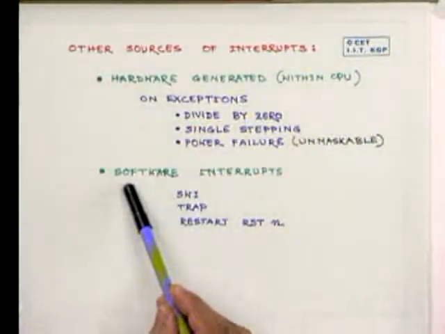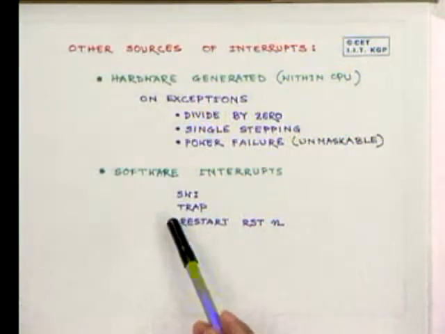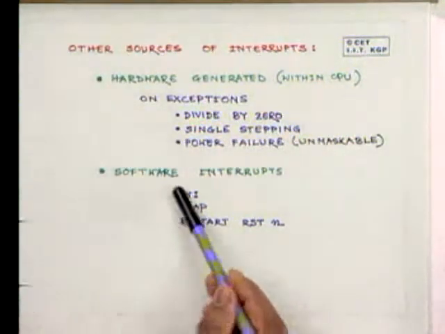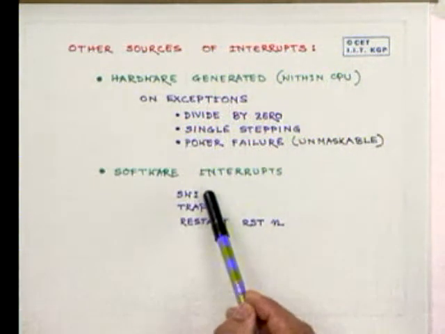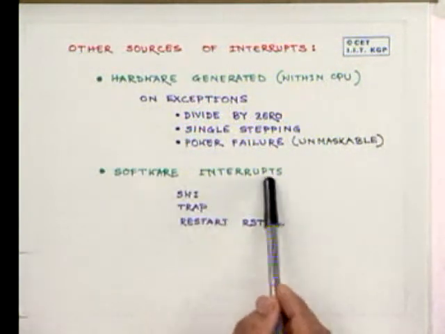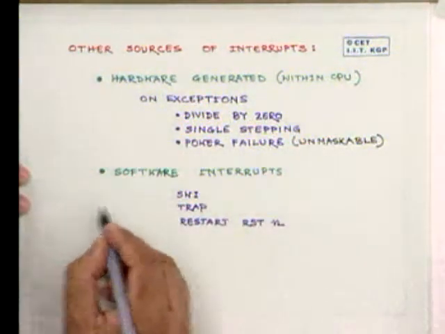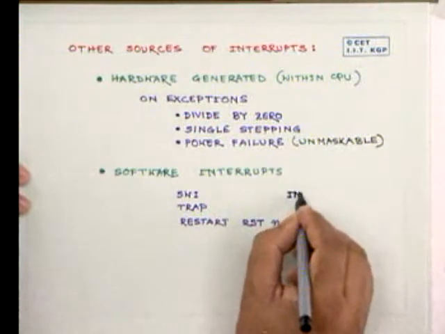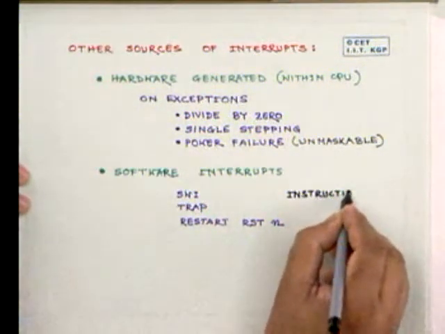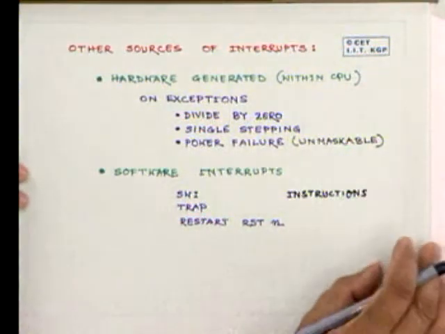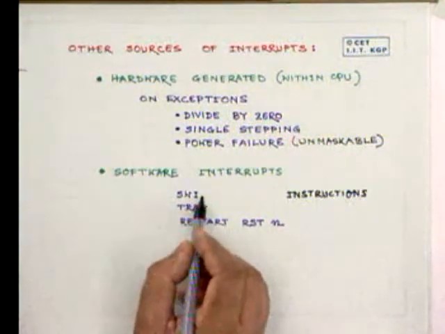There can be some software interrupts also, like subroutine calls, which are inserted into the program to have a subroutine jump. We can insert software interrupt instructions into the program. For example, SWI is a software interrupt.